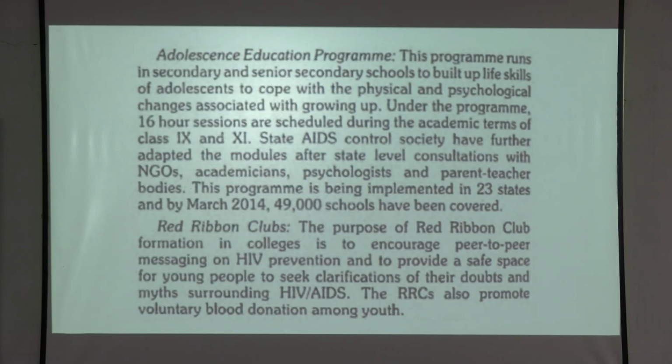In general, usually in a block, if there are 5 or 6 colleges, they unanimously form a Red Ribbon Club. This is a mandatory UGC guideline now. They also might create a helpline where one expert will answer all their questions, and their name, year and education, everything will be confidential.